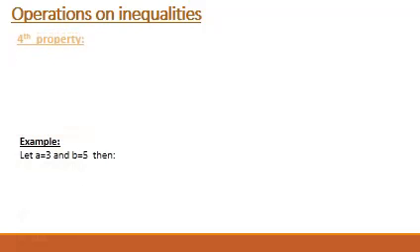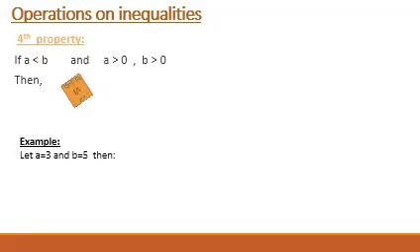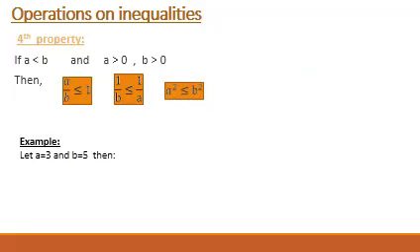Now, what if I have A is less than B, A is positive, and B is positive? In this case, A over B is going to be less than 1. 1 over B is going to be less than 1 over A. The squaring of A is going to be less than the square of B. And radical A is going to be less than radical B. So, example, if A equals 3 and B equals 5, then 3 over 5 is less than 1.